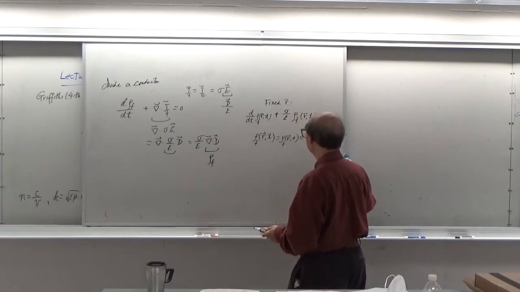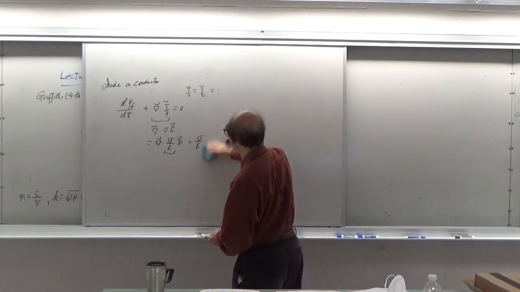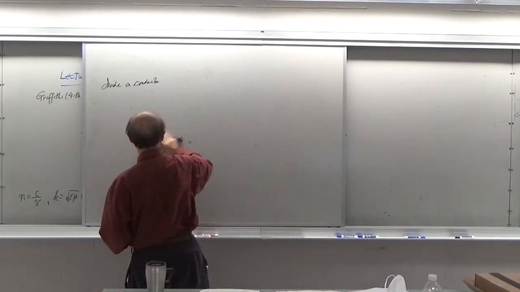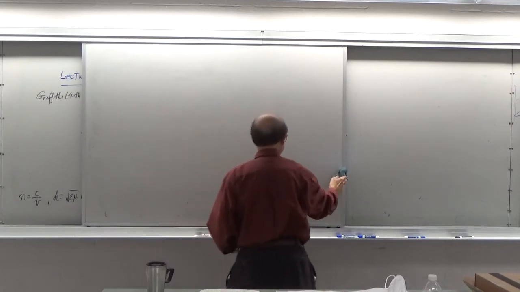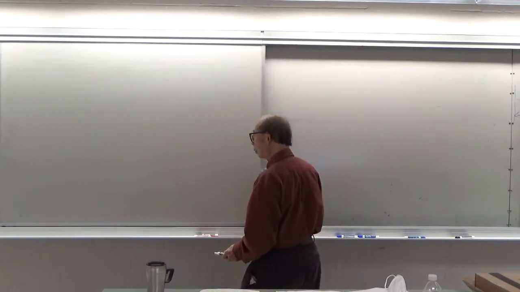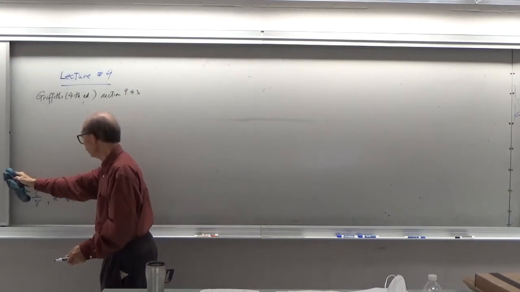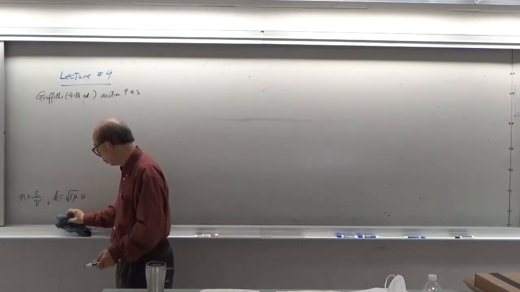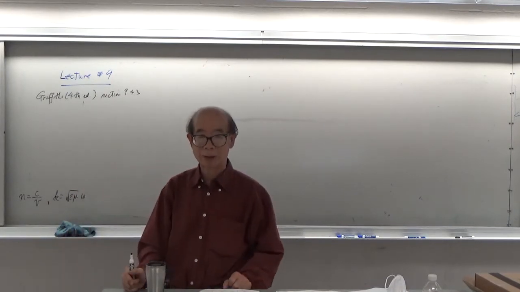So let's erase this, and then start on a certain topic, which is not unrelated to what we talked about in the last lecture. You remember in the last lecture, we talked about electromagnetic waves propagating inside conductor.